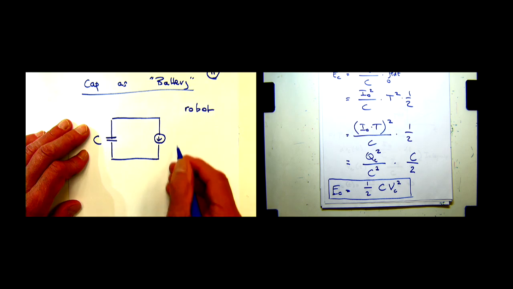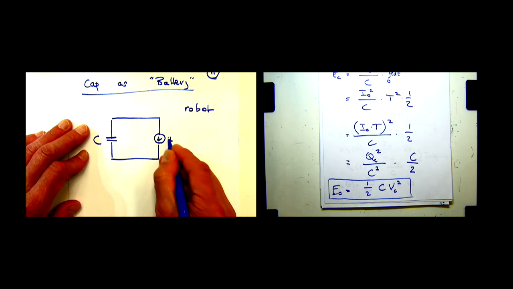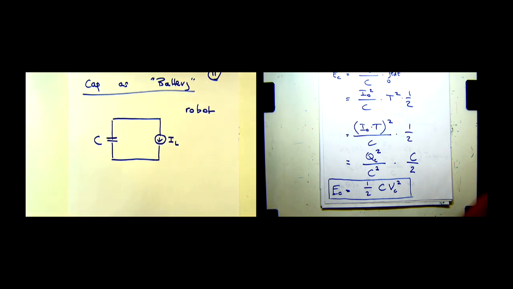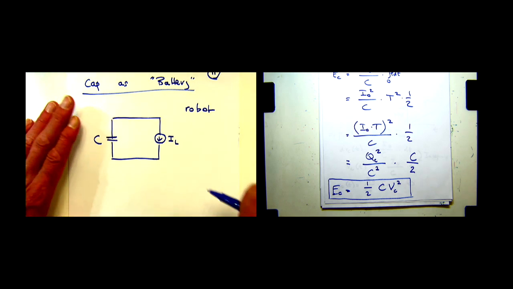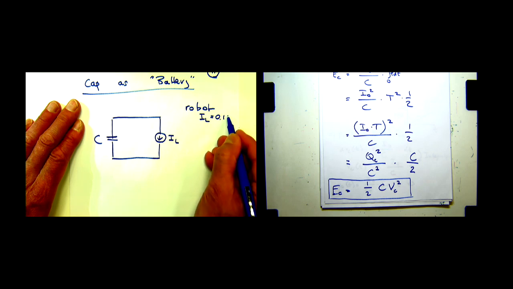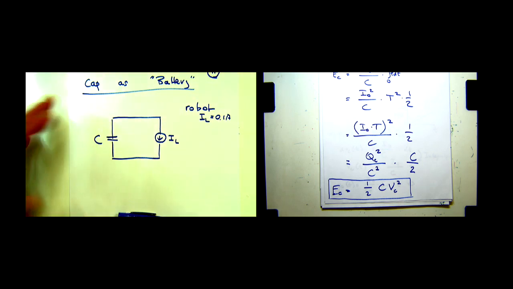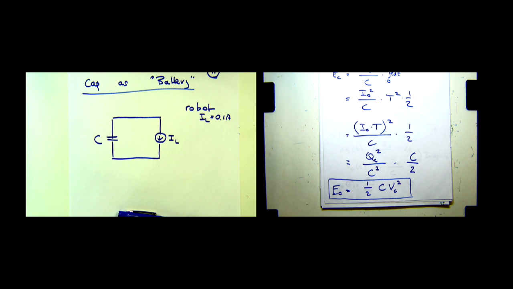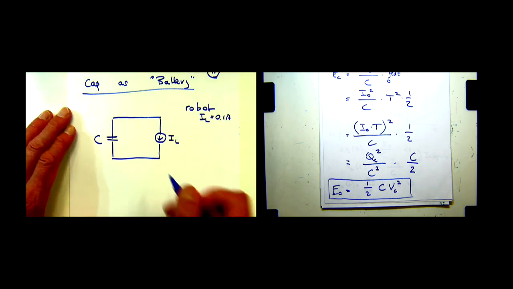Whatever, it doesn't really matter what it is. So this is a current I load. Let's say it draws a constant current I load equals 0.1 amps. It just uses that much to do whatever it's doing.